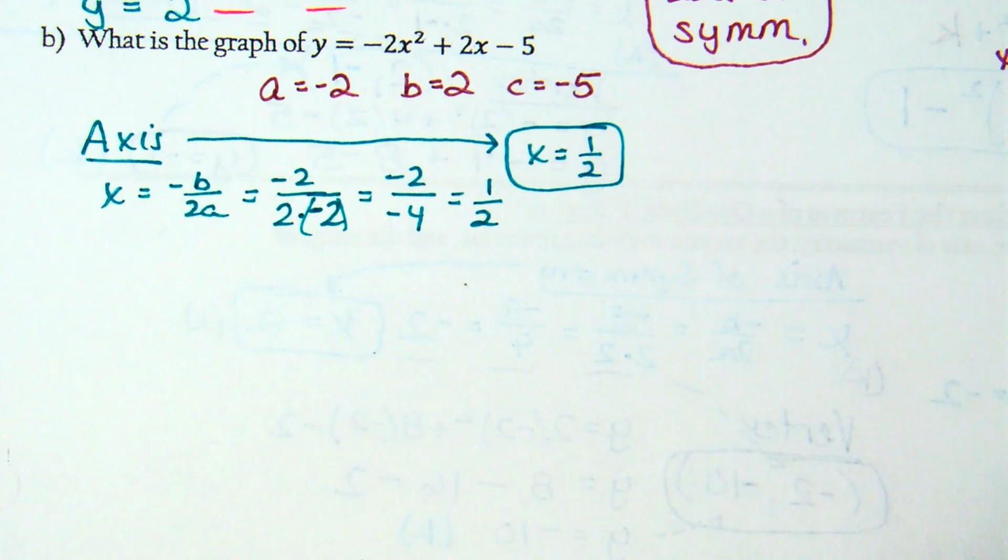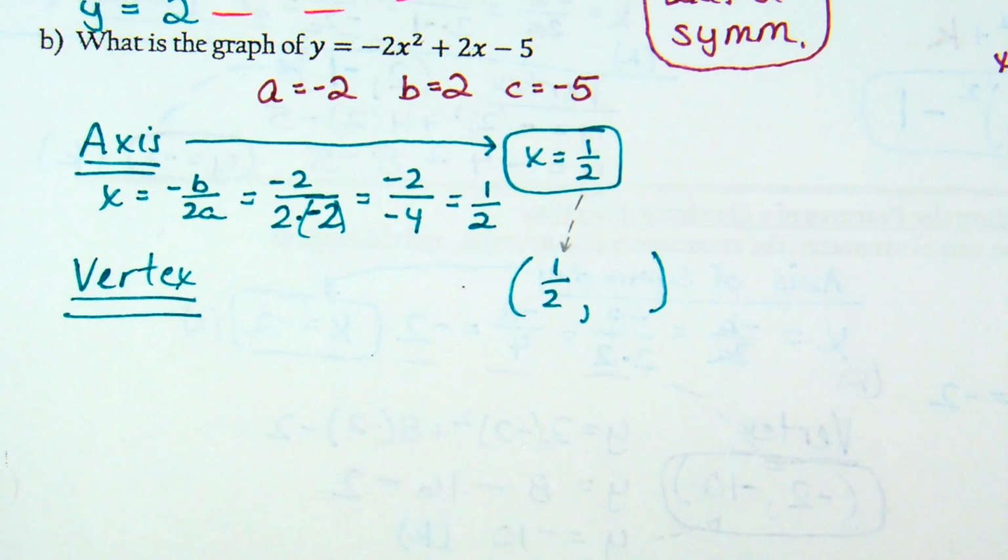And again, that is because that was my axis of symmetry. So now, how do I find that second piece of the vertex? Plug it in. When we say plug it in, we're plugging the 1/2 back into your original standard form.